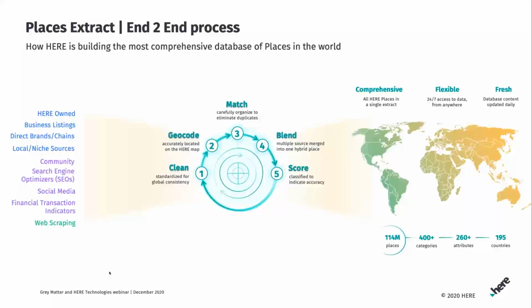For instance, we have more than 400 categories to choose from. If you only are interested in banks or only shopping malls, then you can extract this particular data from our portals. And it's updated continuously. But our high priority updates are available within 1 day as new content.